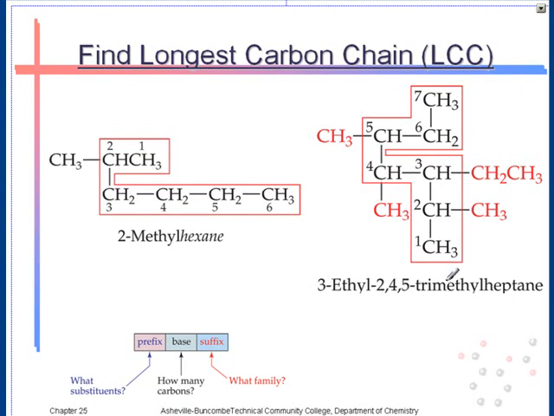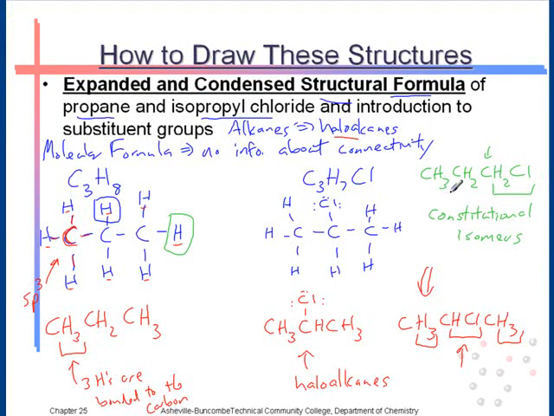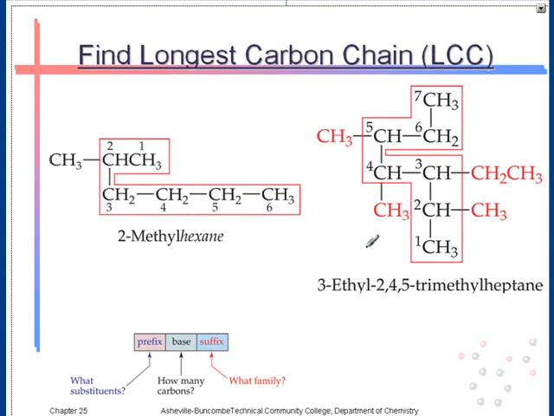Right now I want to begin talking more about nomenclature. Unique compound, unique name. There's a big deal about nomenclature. This is one of the first hurdles that you have to get across when you're taking organic chemistry.